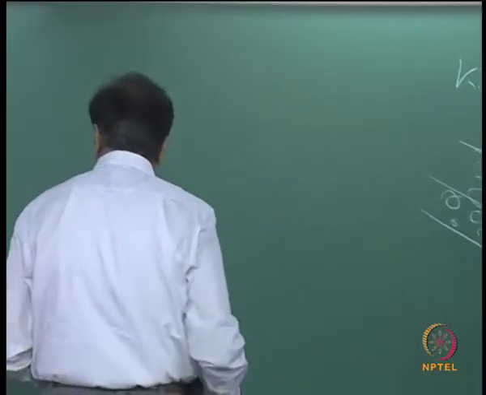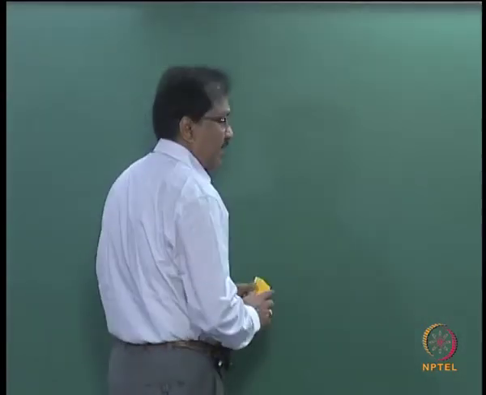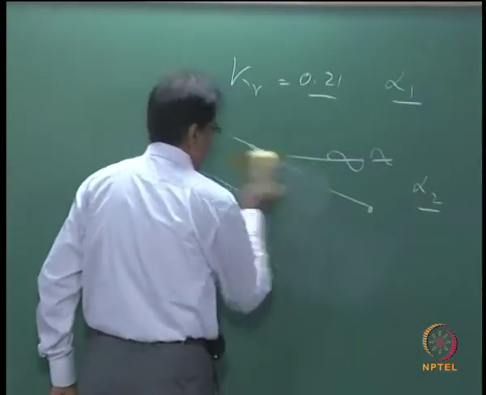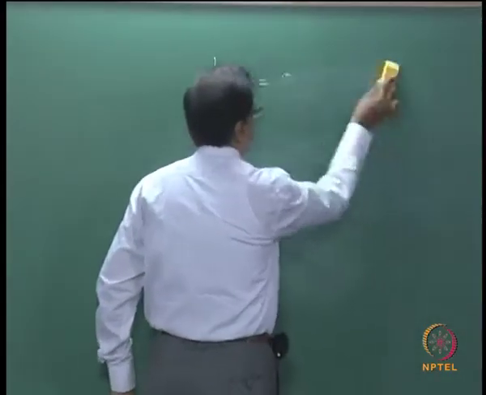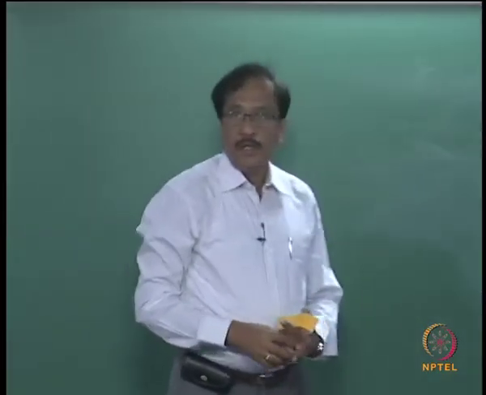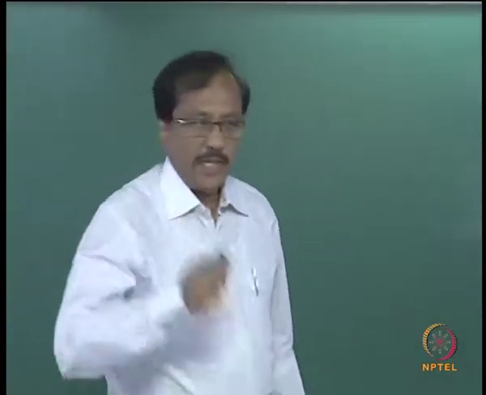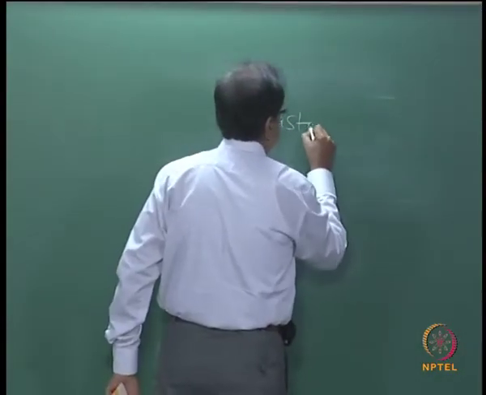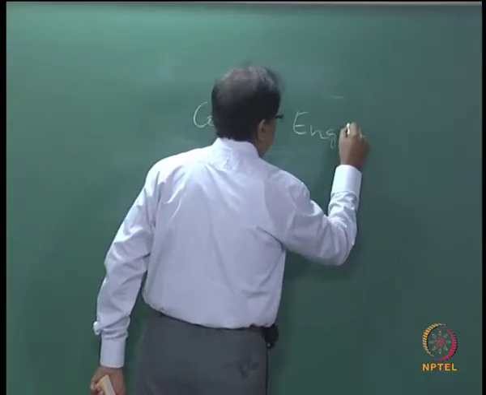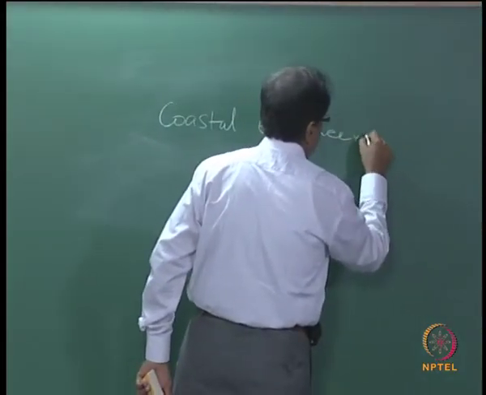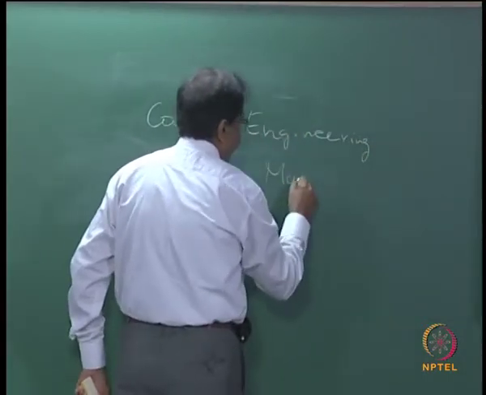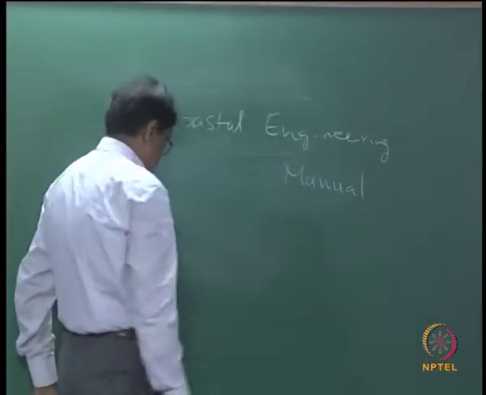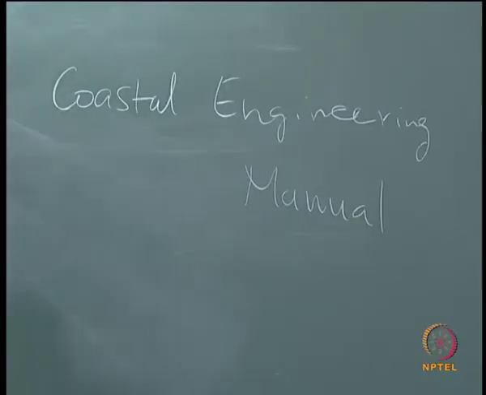So I would like to avoid this, and if you need any additional information, the best reference would be the Coastal Engineering Manual. I have already mentioned it in the reference. This book gives a lot of information about all the aspects which I have been discussing in the class.